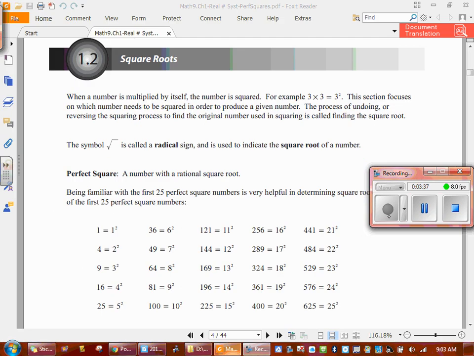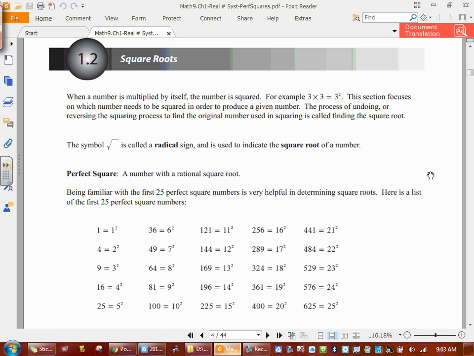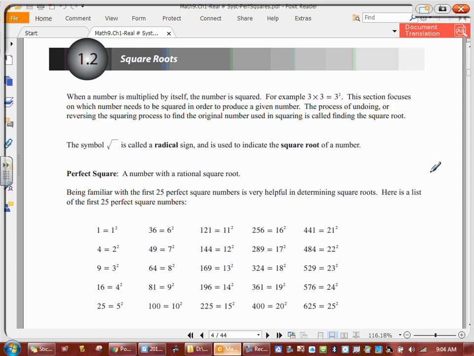Okay, continuing with our lesson on perfect squares. So we're talking about square roots and perfect squares. Now, if I want to know the definition of a perfect square, it says it's a number with a rational square root. What that also means is, it is a number with 2 identical factors.